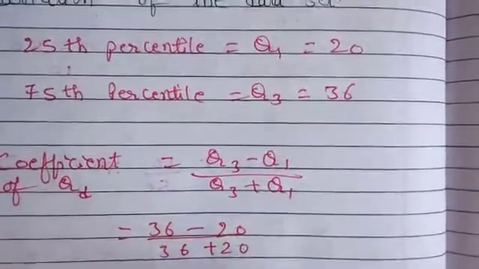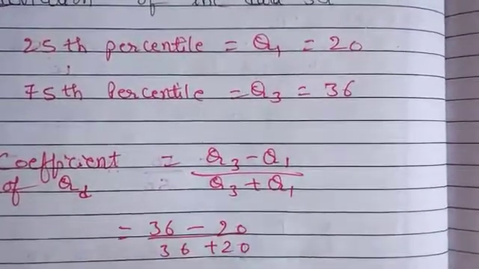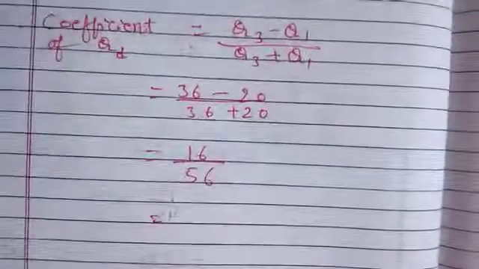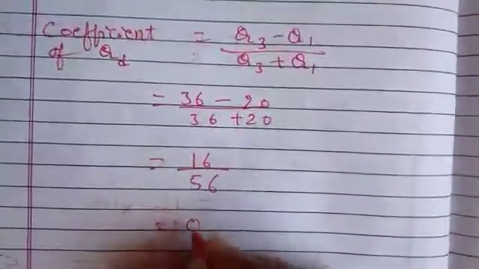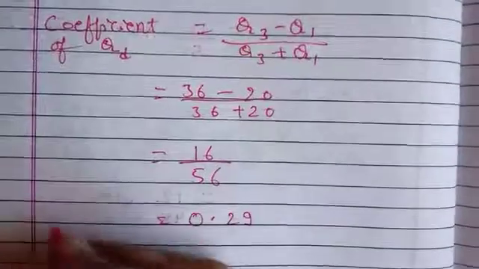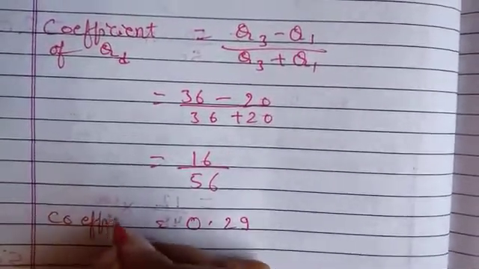So 36 minus 20 is 16, and here 56. So 16 divided by 56 is equal to 0.29. So that is our coefficient of quartile deviation.